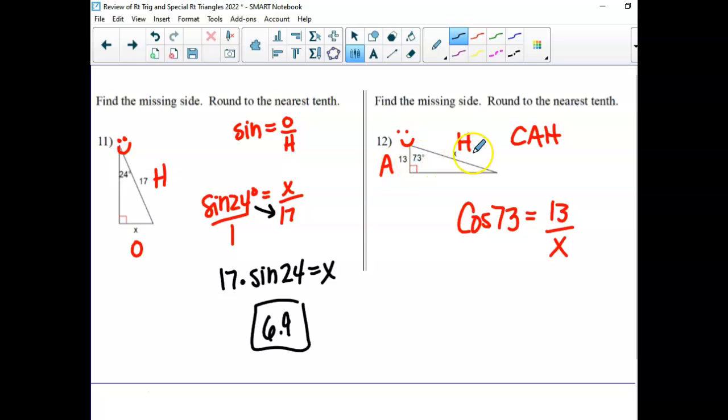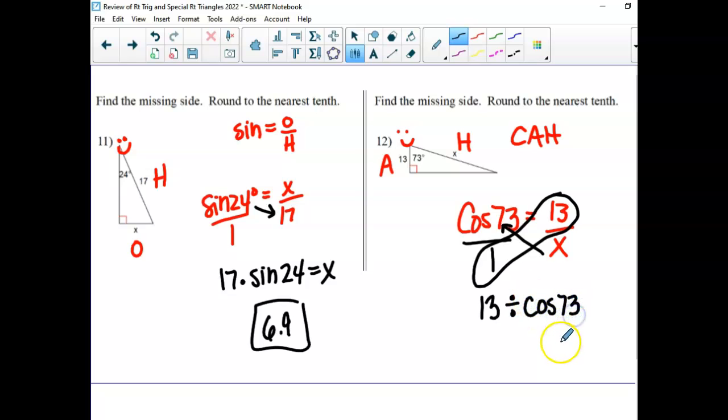This one I have adjacent and hypotenuse, which is cosine. What makes this one a little tricky is that the x is the hypotenuse, so how am I going to type this in? I have 13 times 1 is 13, but then this is with the x, so I need to divide by the cosine of 73. Do I need to write out more steps?